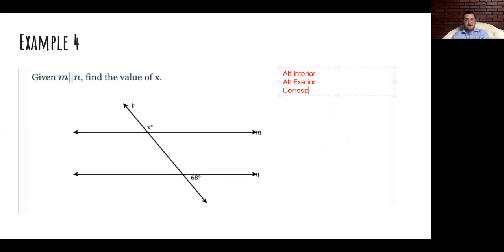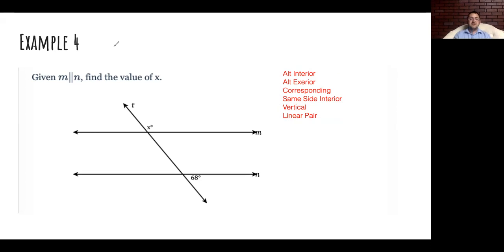It's not corresponding because I'm on the top right corner and then bottom right on the lower one. And it's not same side interior because we're not inside. So we may have to use a vertical angle or a linear pair. I like my vertical angles.